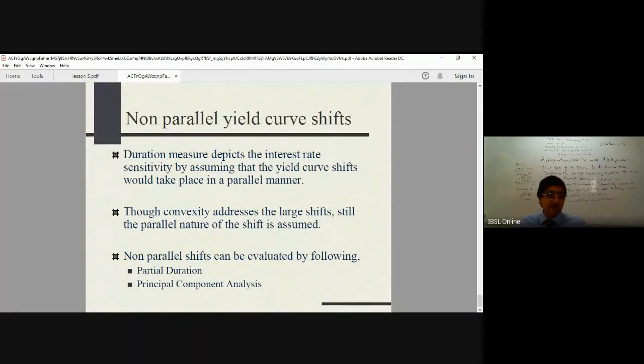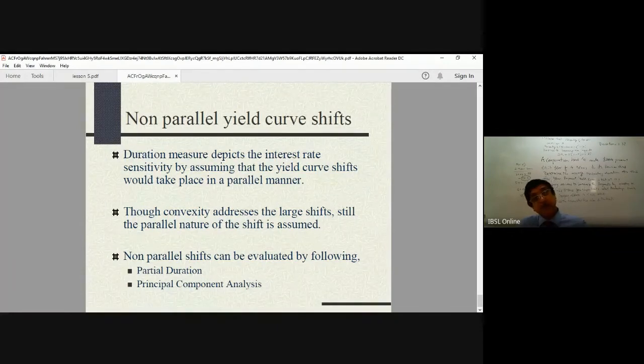But non-parallel yield curve shifts are more frequent than parallel yield curve shifts. What it means is, in different maturities, when yields are changing, for different maturities, they change in different ways.